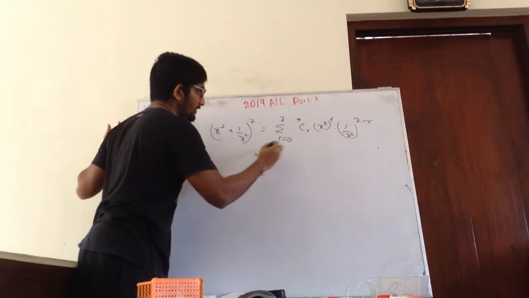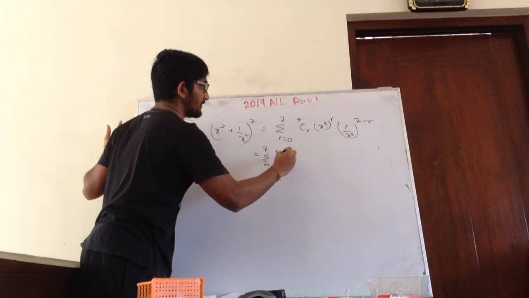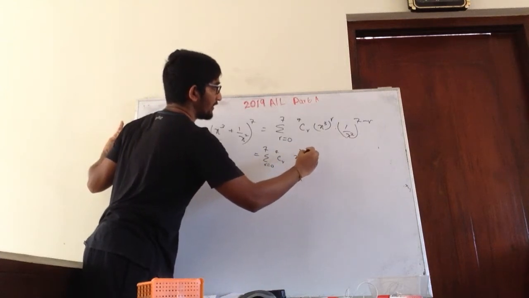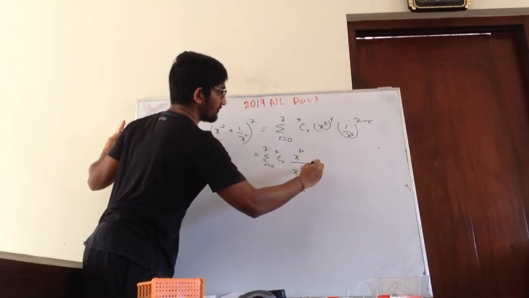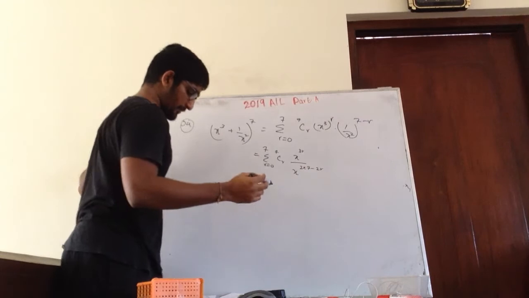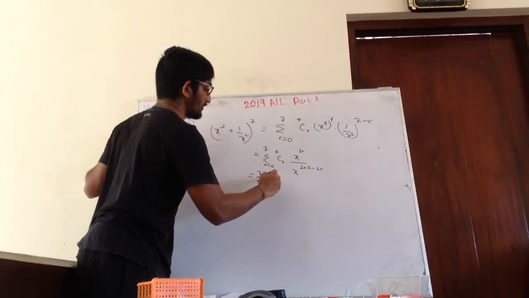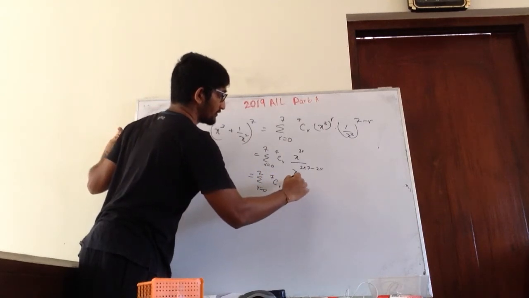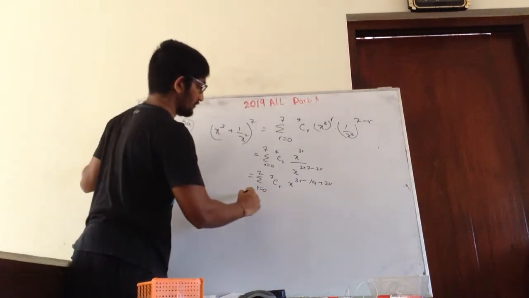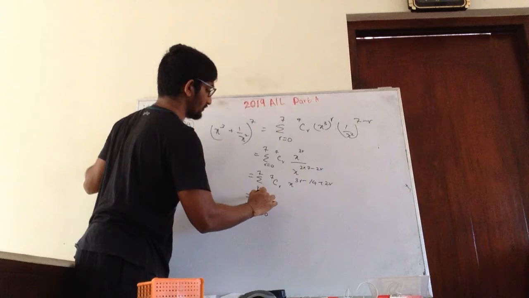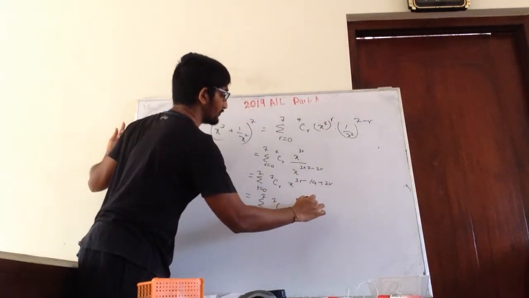So now if I write this further, r equals 0 to 7, 7cr x to the power 3r over x to the power 2 times 7 minus 2r, so then I will get r equals 0 to 7, 7cr x to the power 3r minus 14 plus 2r. So then I will get r equals 0 to 7, 7cr x to the power 5r minus 14.